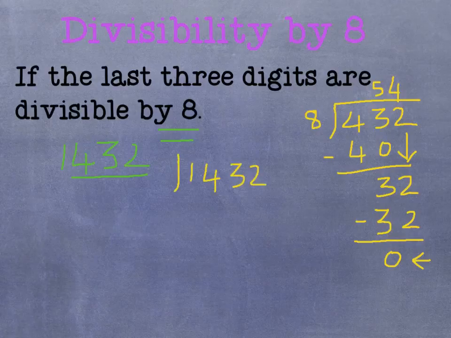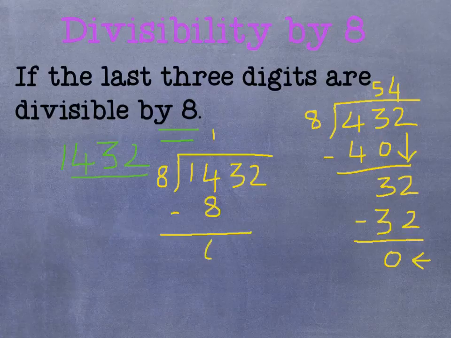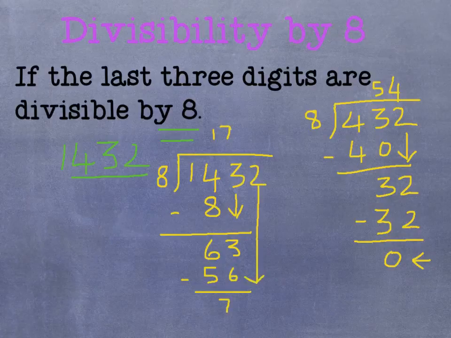1432 divided by 8. 8 times 1 is 8. On subtracting, I get 6. Bringing down 3, we have 8 times 7 as 56. Subtracting, I get 7. I have to bring down 2.